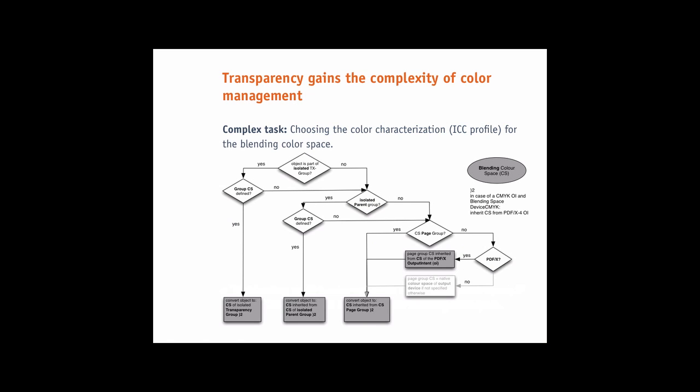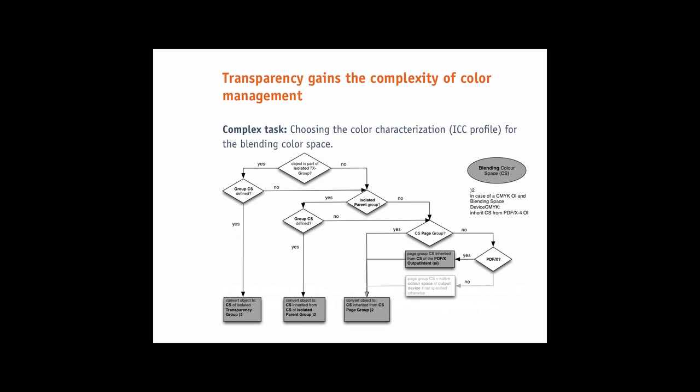So it's a complex task, and not to go through all the things here, just to figure out, as I said, the blending space seems to be very important. Which one is the one to be taken? It's too small written here to read it. You may have downloaded the presentation. We have a blending space where all the calculations have to be conducted that create the result of the transparency.